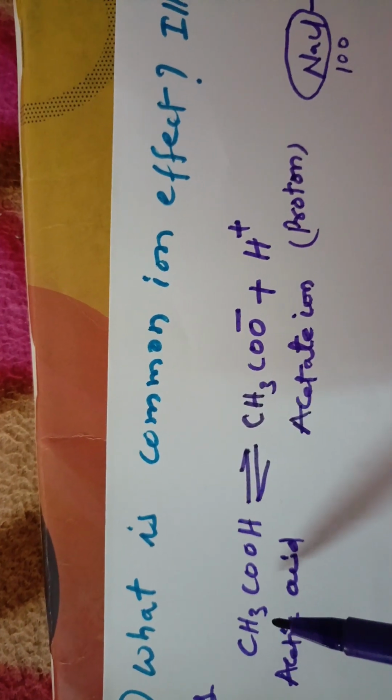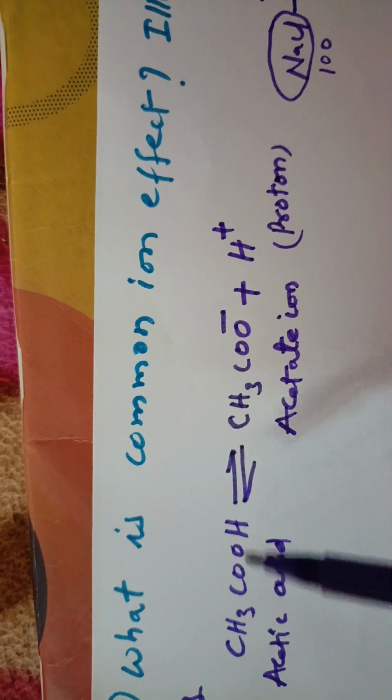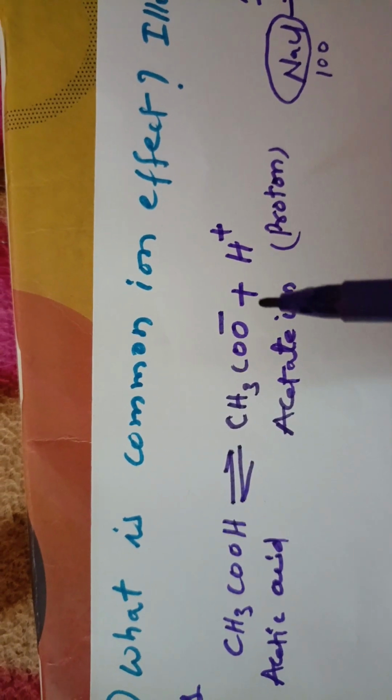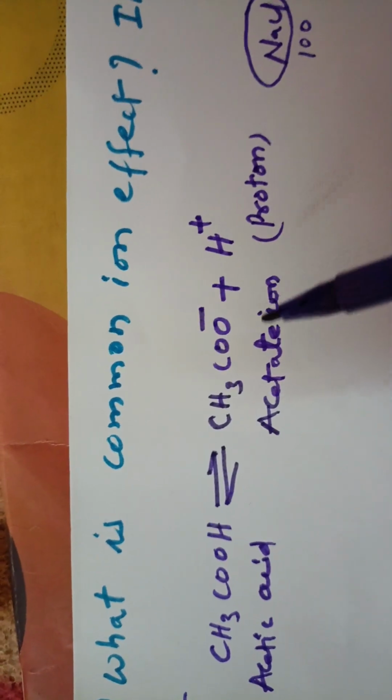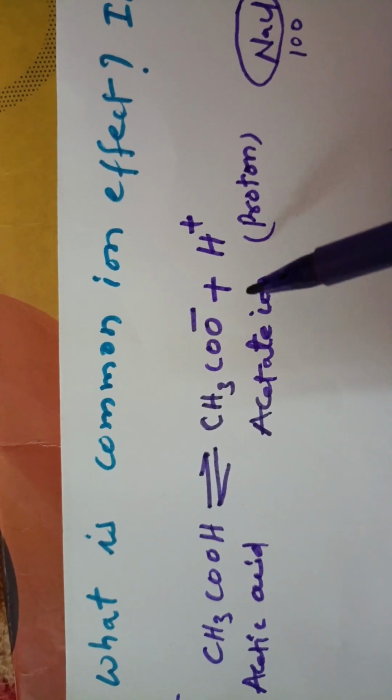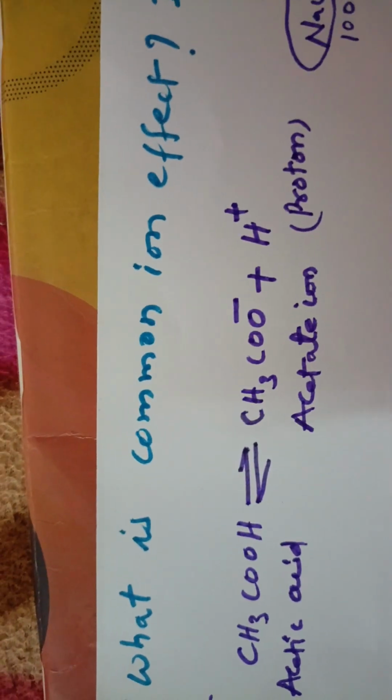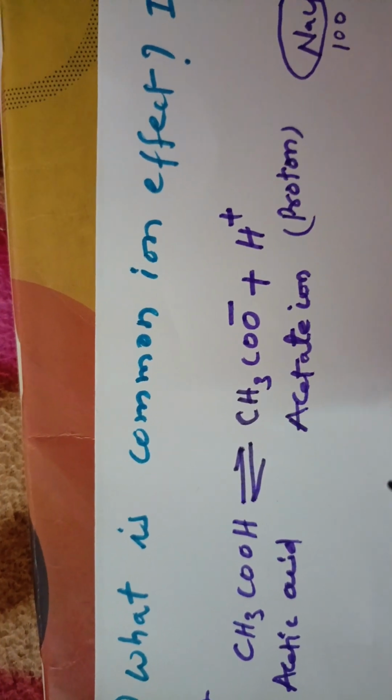This is the weak electrolyte. That means it dissociates into ions to a very small extent. Suppose if you take 100 molecules, only 10 to 20 molecules dissociate into ions. That is the dissociation.